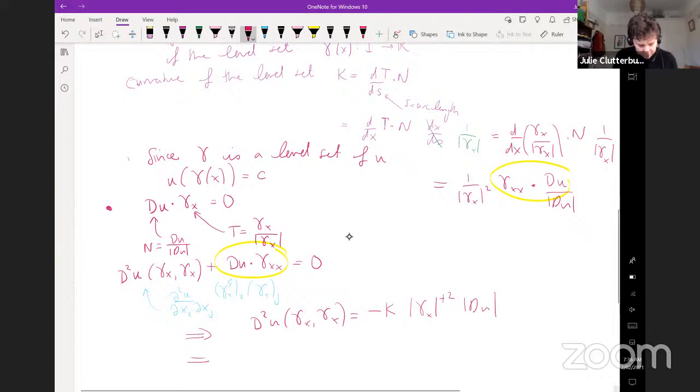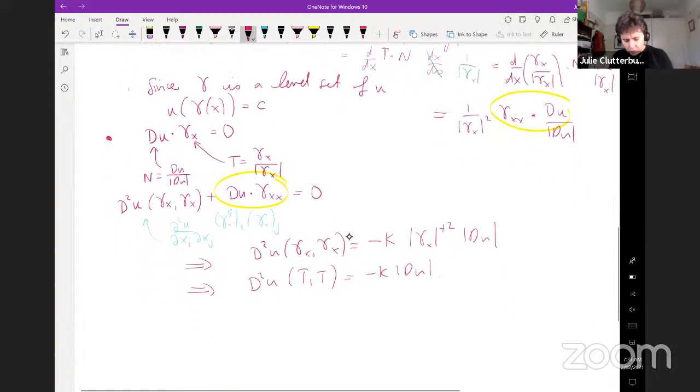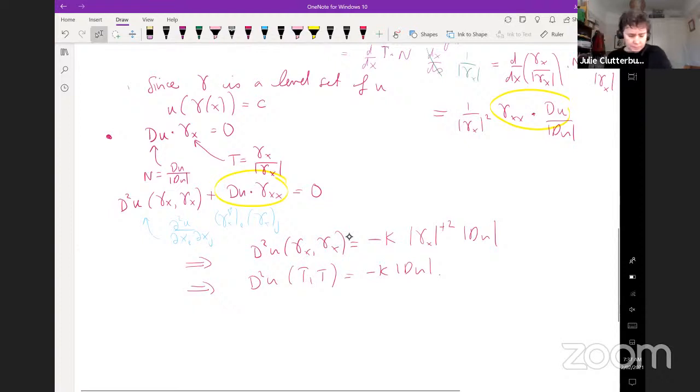And maybe we write everything in terms of the unit tangent.